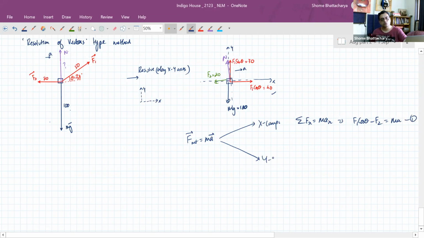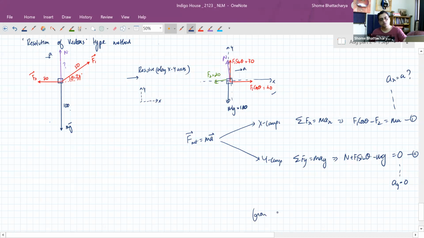And similarly, along the y-axis, summation of forces along the y-axis should be mass into y component of acceleration. So forces are n plus F1 sine theta minus mg, but the acceleration is 0. The y component of acceleration is 0, and the x component of acceleration is what we want to find out here. So equation 1 and 2.